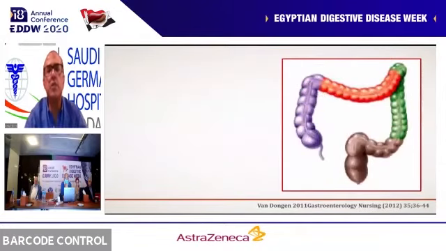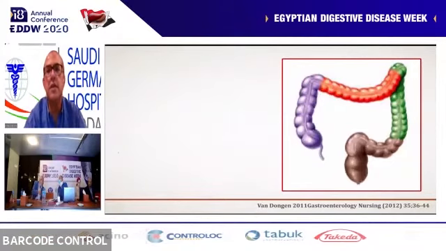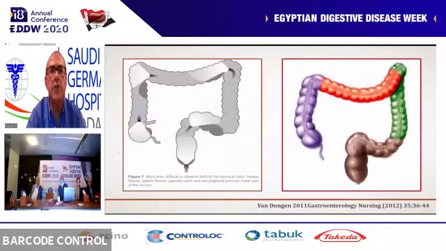Position of the patient during the procedure is important. Usually we start in the left lateral position, passing the scope to the transverse colon. Better to be on the back, and to deeply intubate the cecum. Sometimes the right position is justified, but this is not for every patient, and not every case is like the other. There are some blind spots during colonoscopy, mainly around the flexures.